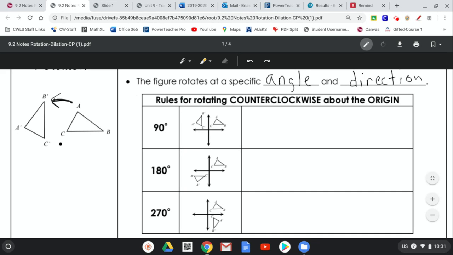So this one, rules for rotating counterclockwise. If we have a clock, 12, 1, 2, 3, 4, 5, 6, 7, 8, 9, 10, 11, this is what you want to think about. Rotating counterclockwise is that way. That direction is counterclockwise.